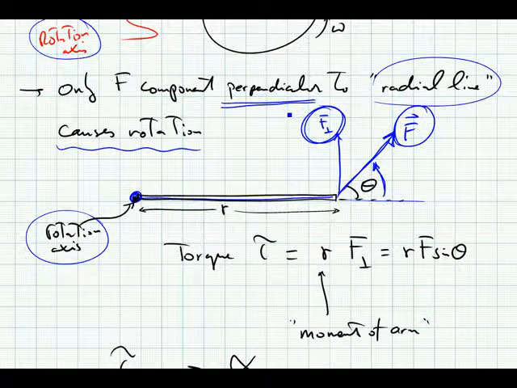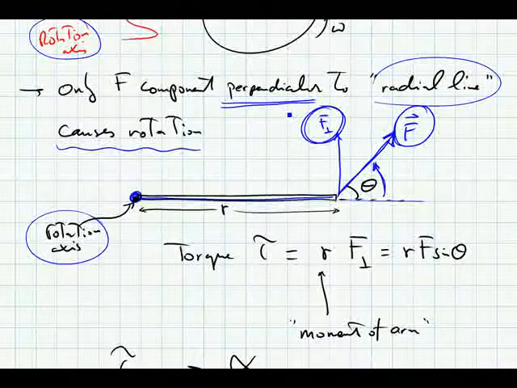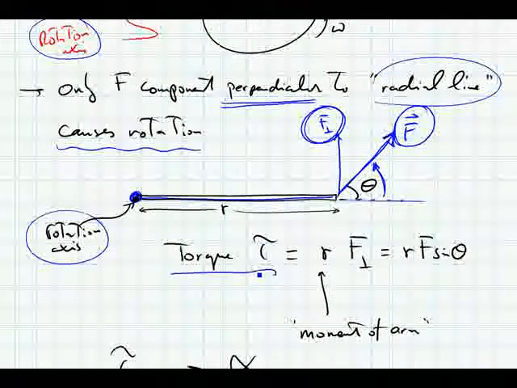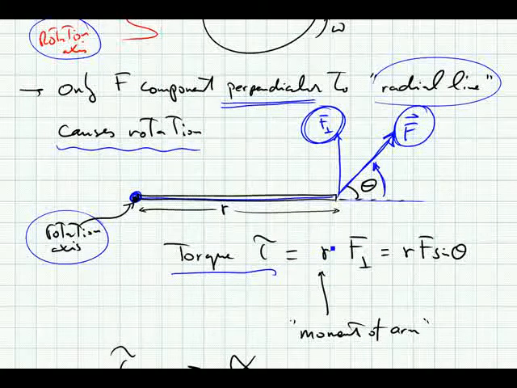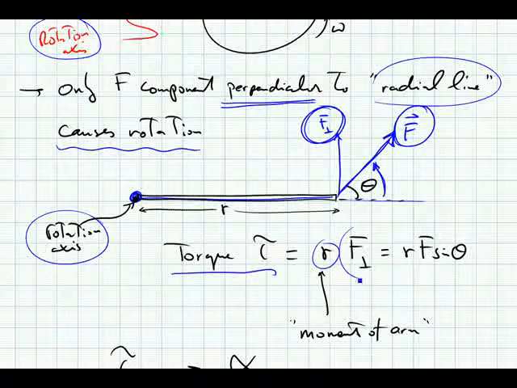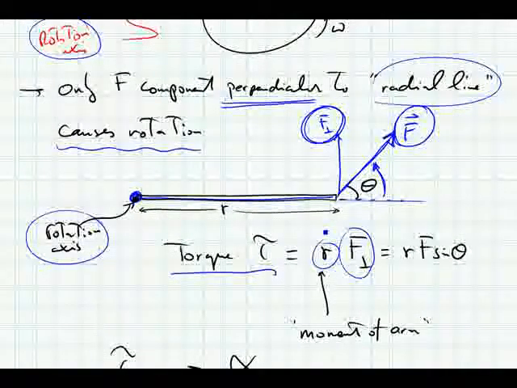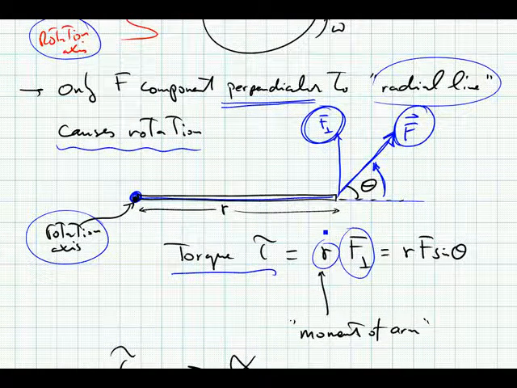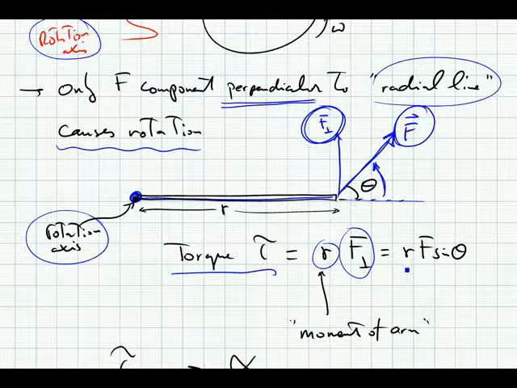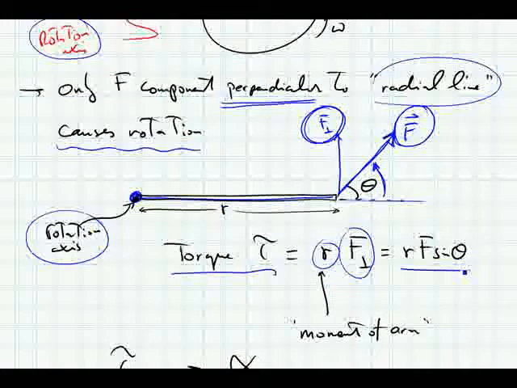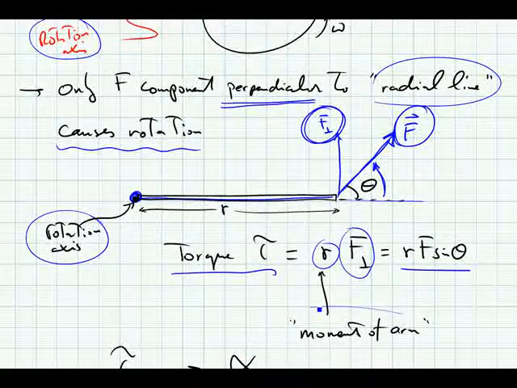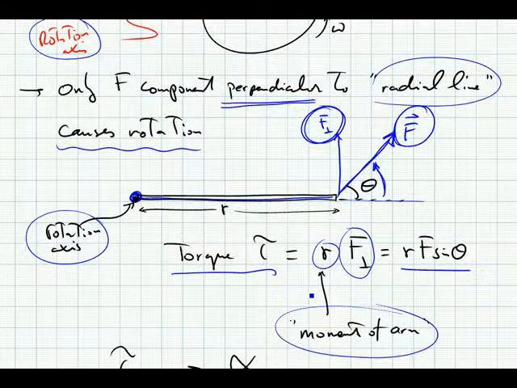So let us now define torque. The magnitude of torque is the product of r with this perpendicular component of the force applied, which magnitude-wise is given as r F sine theta. Now r in this case is called the moment arm.